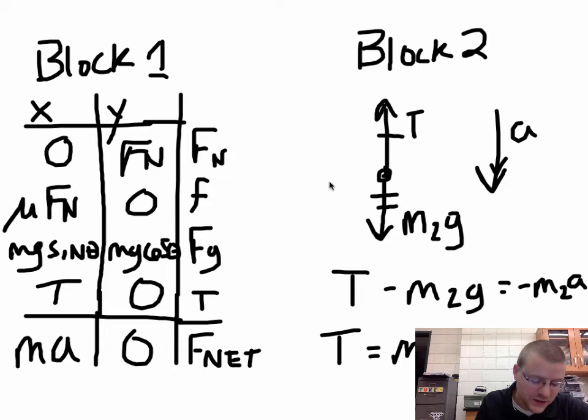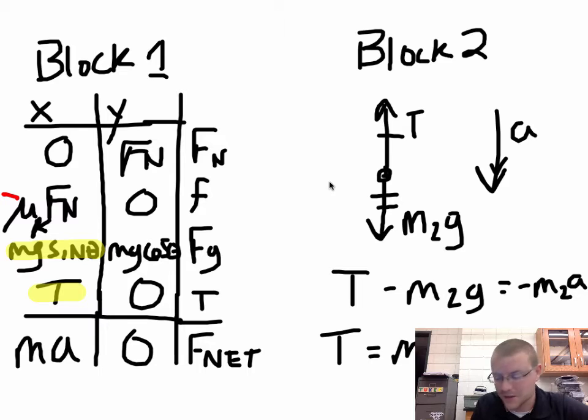The two forces that are down the hill are mg sine and tension, and the only thing fighting back up the hill is that frictional force. So as long as these two forces here, the tension and the mg sine, are bigger than that 43 newtons, we are going to start moving. And if we start moving, we're going to use the mu k value instead of the mu s, since the thing will not be static.